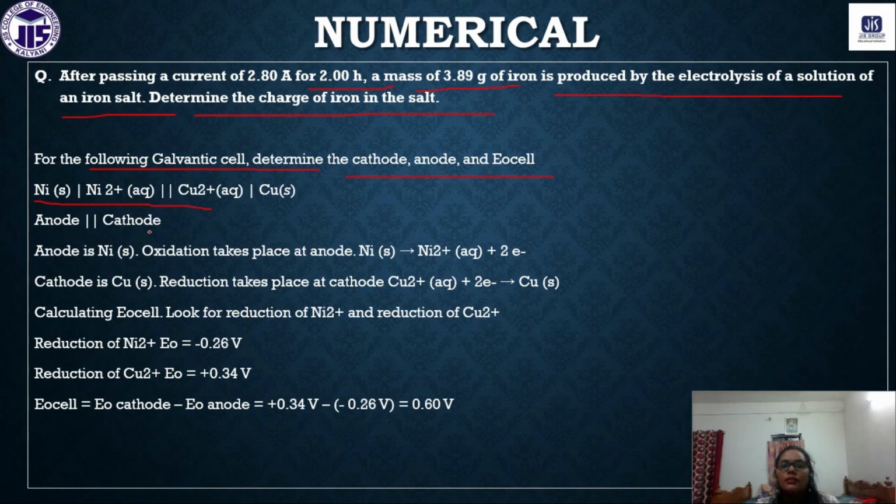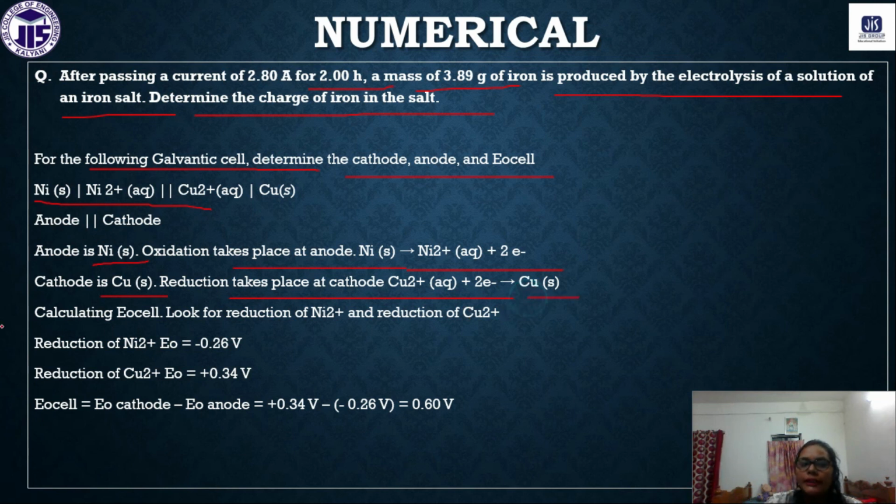Anode, salt bridge, cathode. Anode is obviously the nickel. Oxidation always takes place at the anode. At the anode we have the oxidation reaction, nickel solid will release electrons and form nickel plus 2. And cathode is copper solid, where reduction takes place, that is copper plus 2 to copper solid.